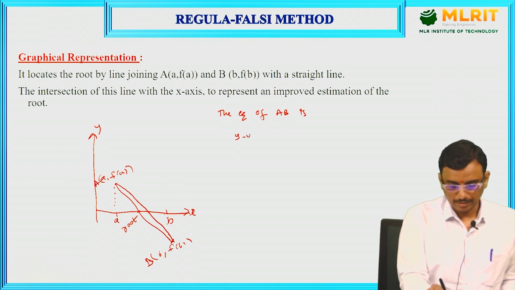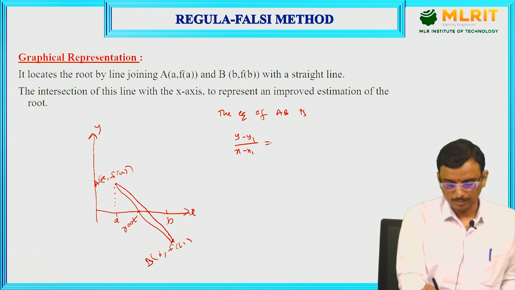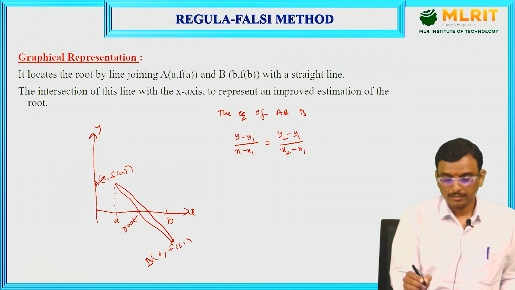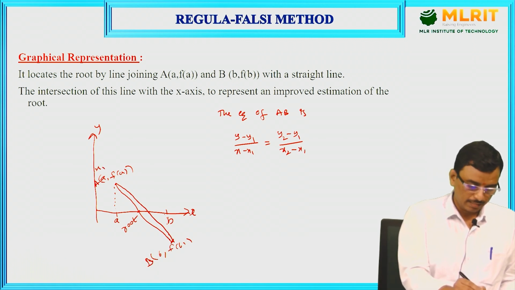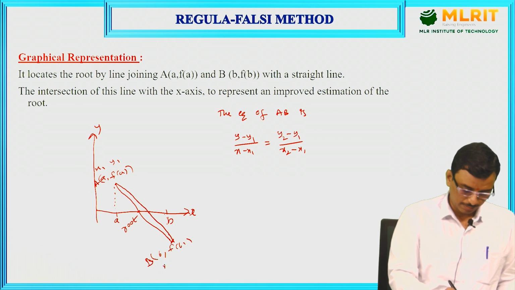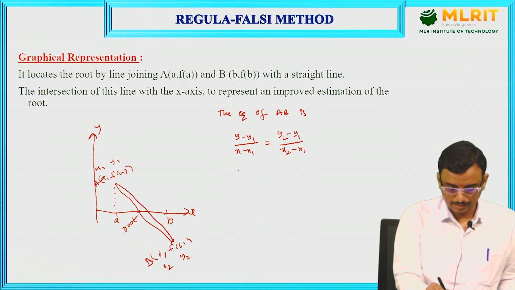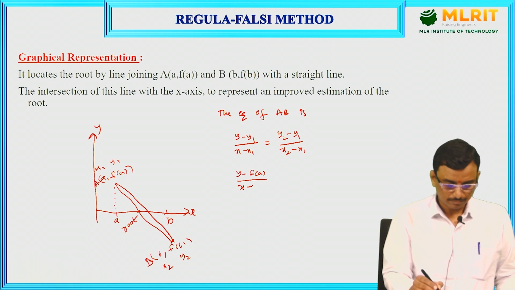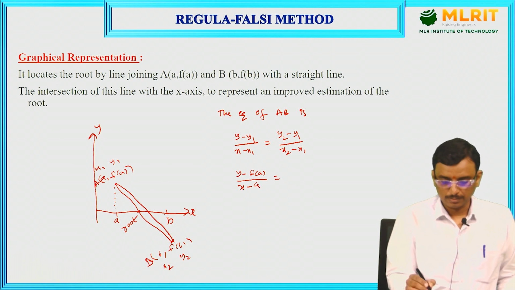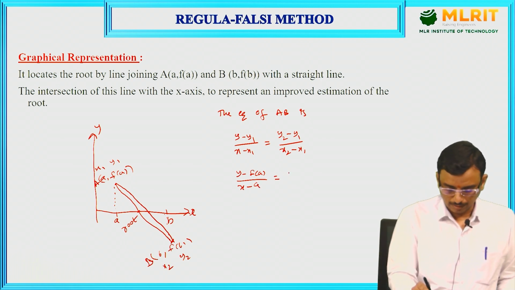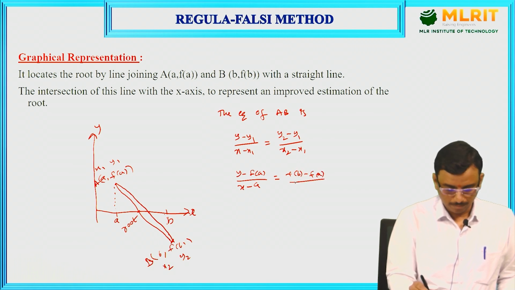The equation of AB is (y minus y1) by (x minus x1) is equal to (y2 minus y1) by (x2 minus x1). Here x1 is a and f of a is y1, and x2 is b, f of b is y2. Now substitute these values here. So, (y minus f of a) divided by (x minus a) is equal to (f of b minus f of a) divided by (b minus a).